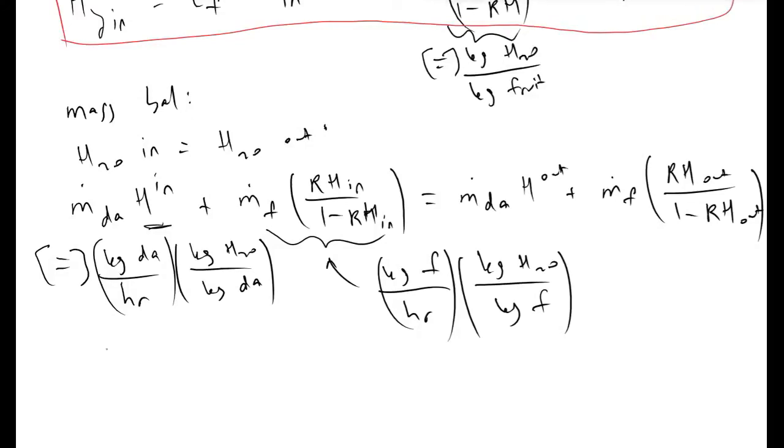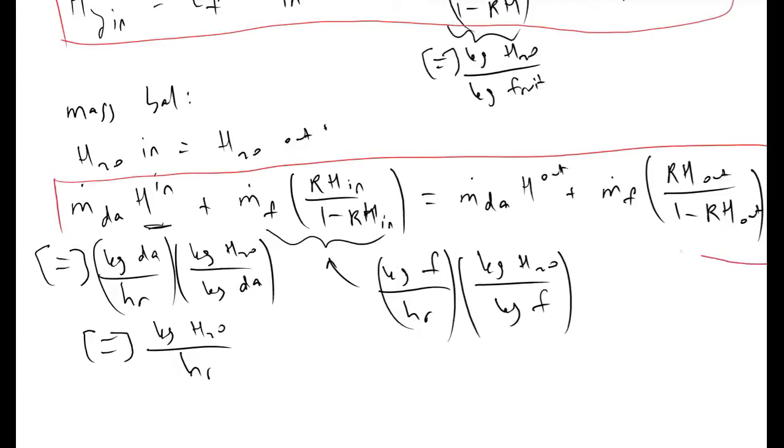And so the total mass balance will have units of kilograms of water per hour, which is what we'd expect. And so all the dimensions agree on both sides. And so I will now box this equation. So this mass balance equation will be another key equation needed by chemical engineers to actually evaluate this system.